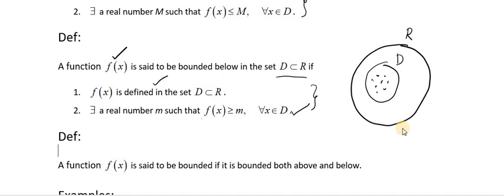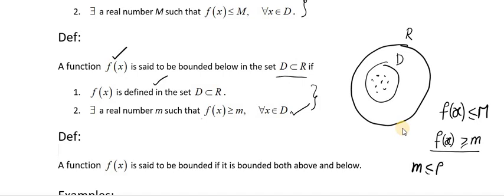Observe, bounded above means f of x is less than or equal to capital M. Bounded below means f of x is greater than or equal to small m. Once you combine these, we get m less than or equal to f of x less than or equal to capital M. That means whenever f of x satisfies this condition, then we say that f of x is bounded.